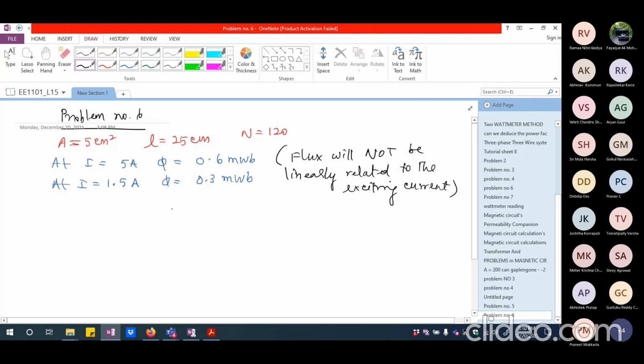This we would see time and again in any ferromagnetic material. We'll talk about this as we go along. So in general, in iron, you are not going to see flux and current related linearly.